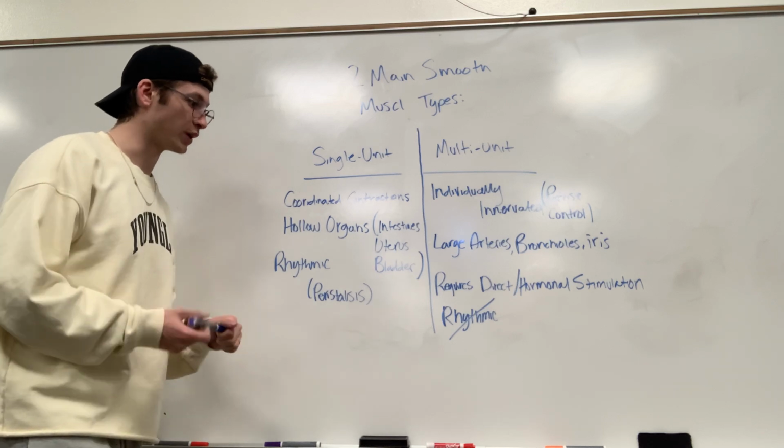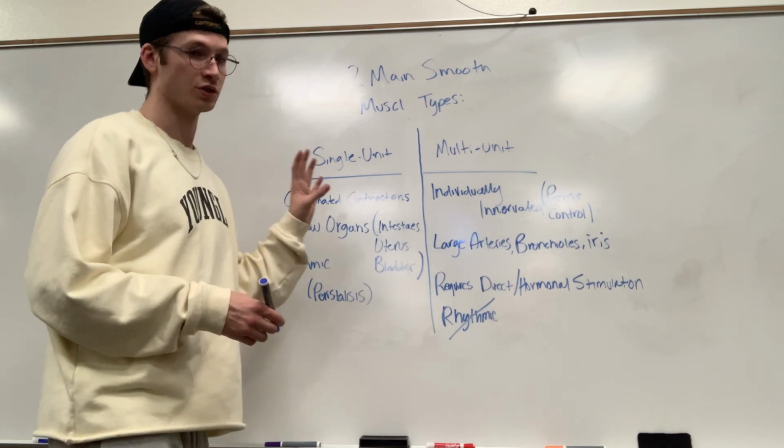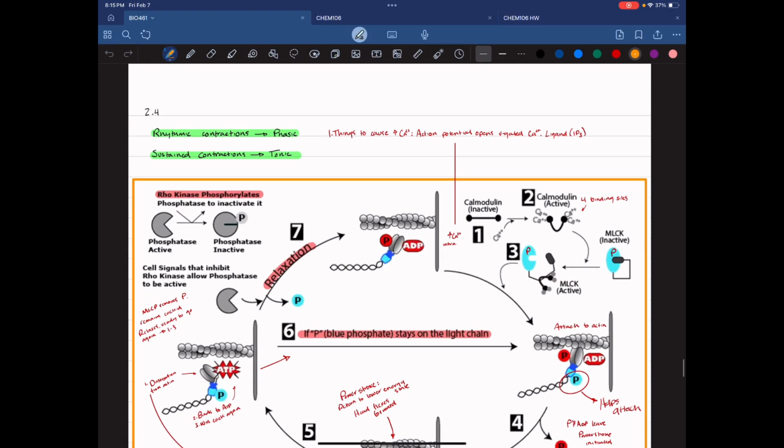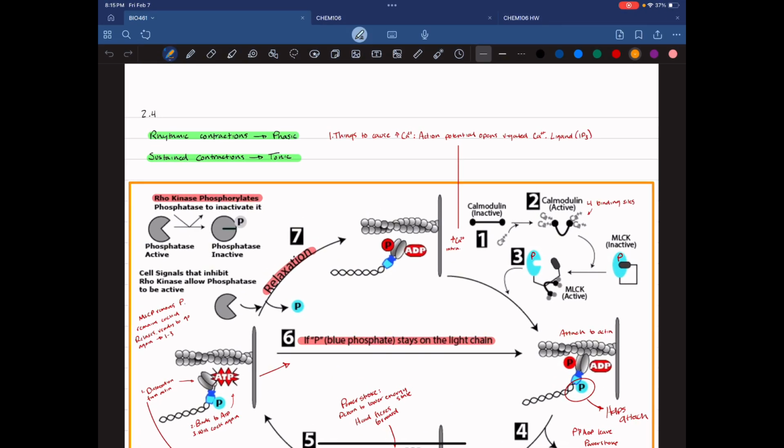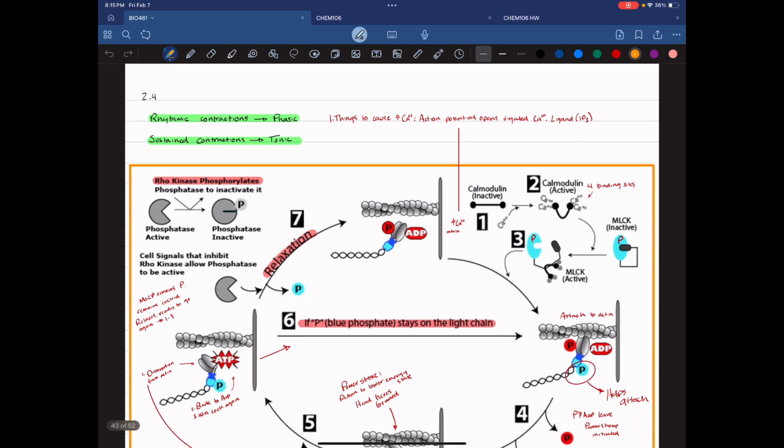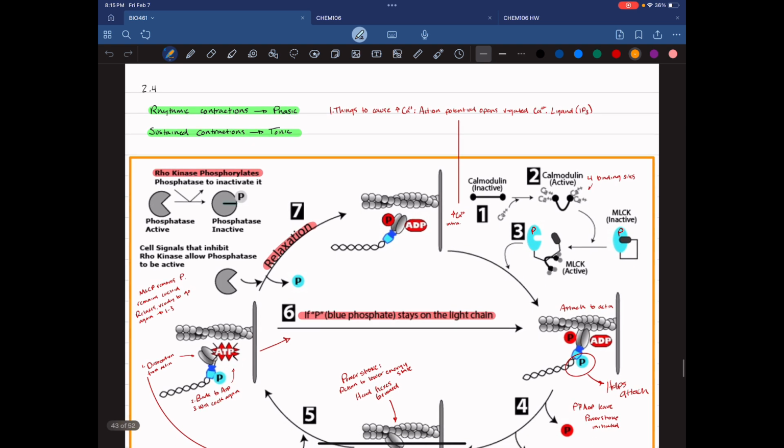Now we're going to dive further into smooth muscle. Okay, so now we're going to look at how smooth muscle contracts.